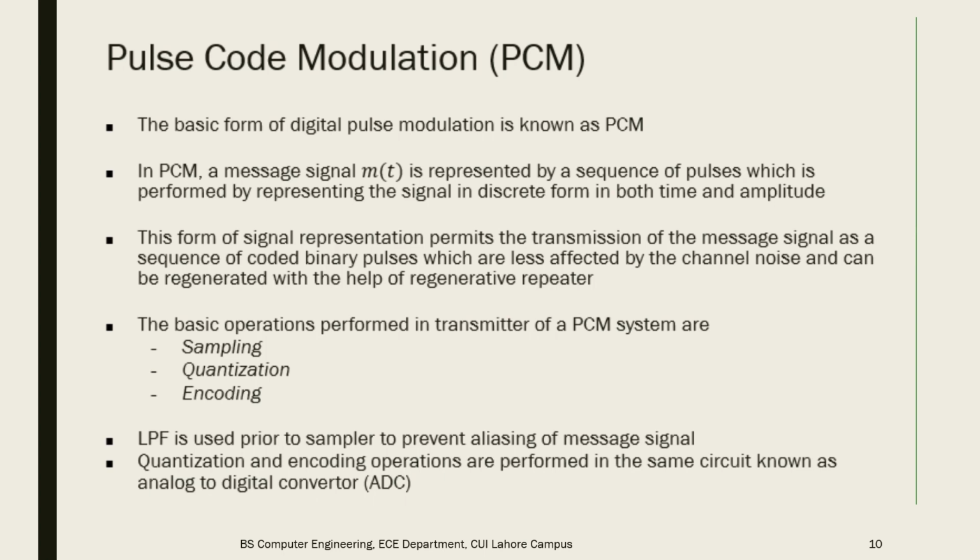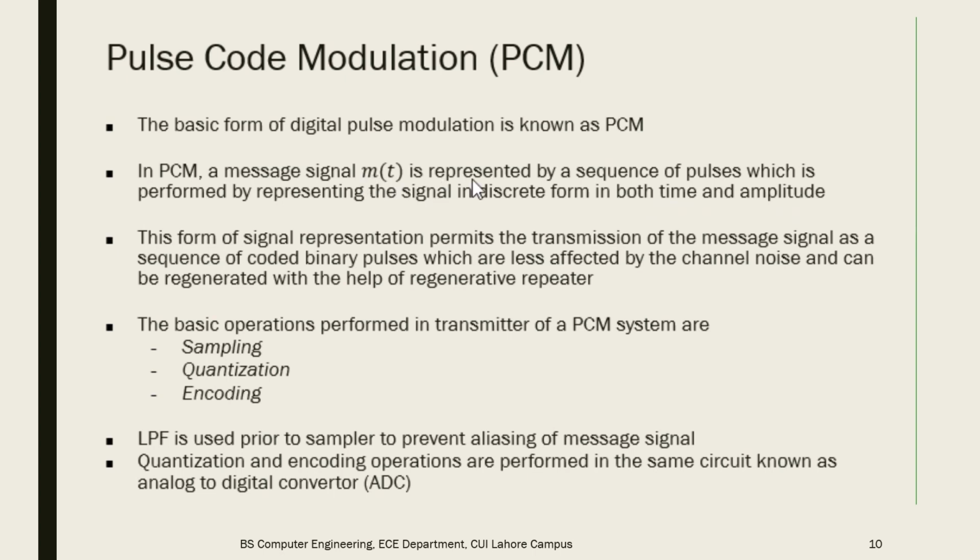Now let's start with one of the most important types of pulse modulation, which is pulse code modulation. The basic form of digital pulse modulation is known as pulse code modulation or PCM. In PCM, we have a message signal m(t), and we represent this message signal by discretizing it in both the time axis and the amplitude axis.